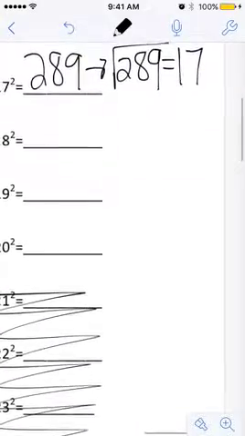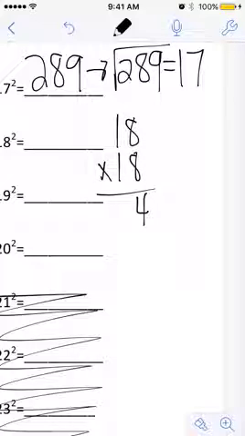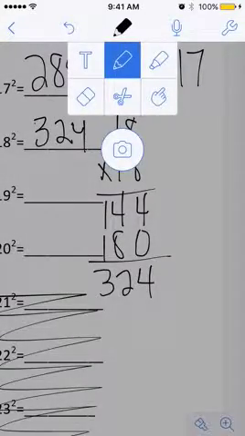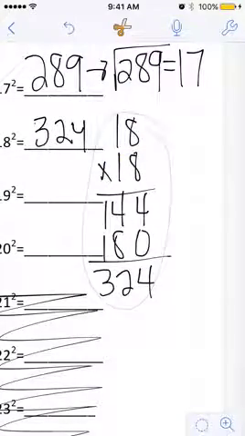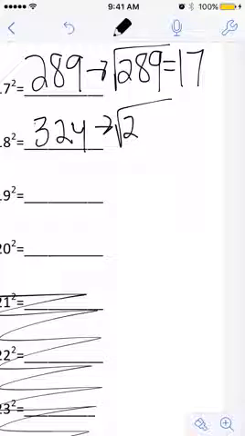Moving along to 18, 19, and 20. 18, showing my work, I get 144, 180, 324. So then I'm going to show the square root of 324 is equal to 18.